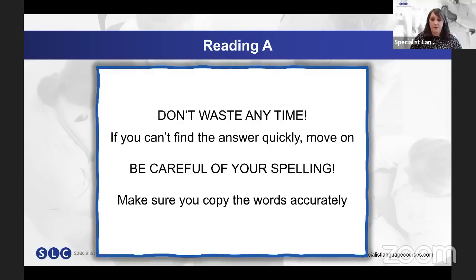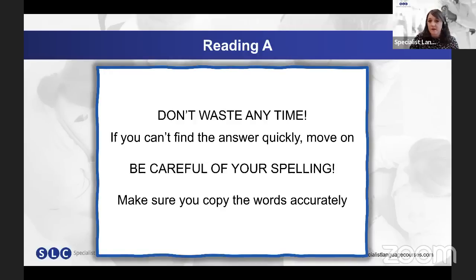It's really important that you don't waste time in Reading A. If you can't find the answer quickly, move on. You may well find the answer later on in the paper when you're scanning the text for another answer.